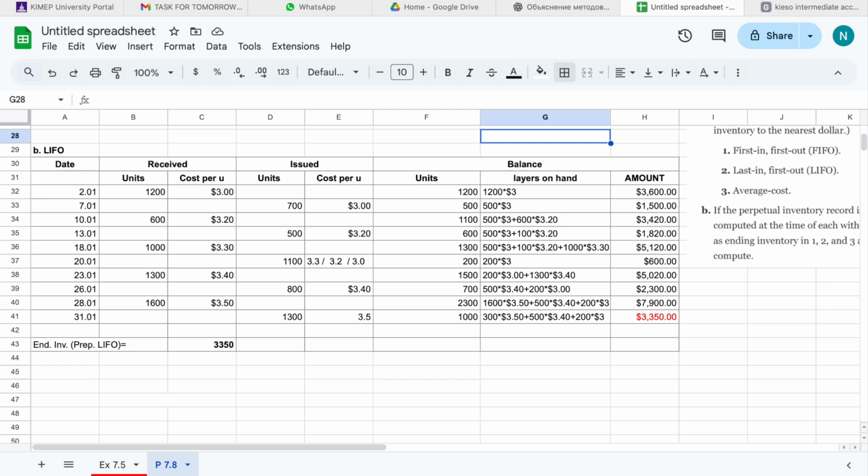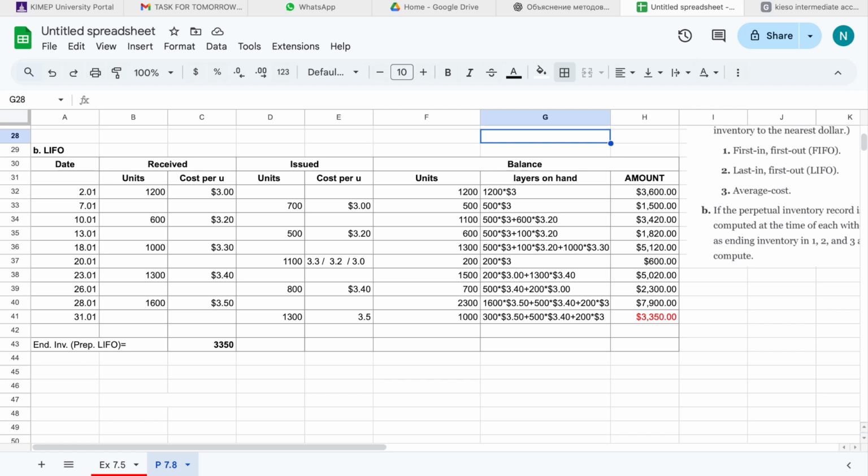So we're going to take from the newest, that's 3.20. We used 500, so that leaves us 100 at 3.20 plus 500 at $3. So the total amount is going to be 1,820.